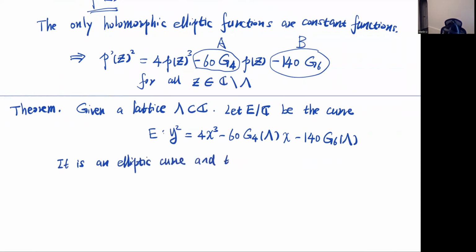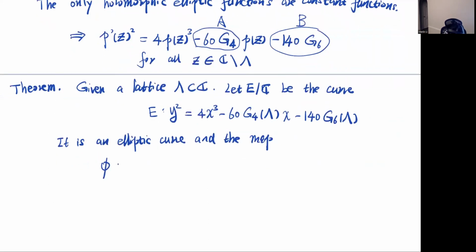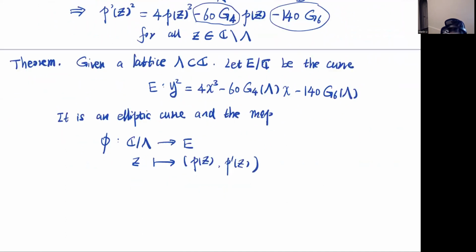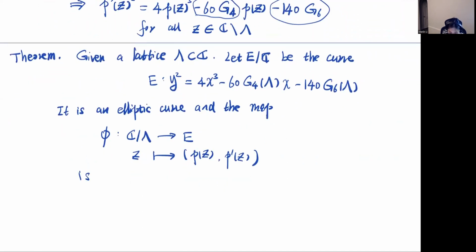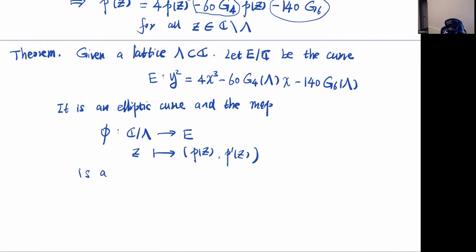And this map φ from C mod Λ to E, given by z maps to (℘(z), ℘′(z)), is a complex analytic isomorphism of Lie groups.